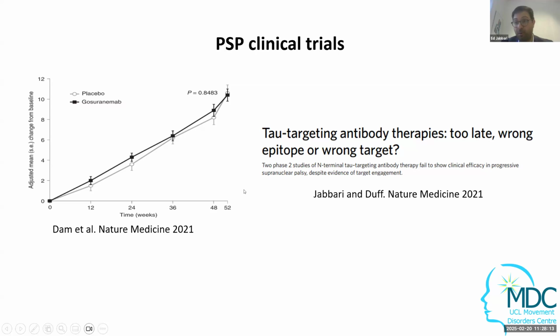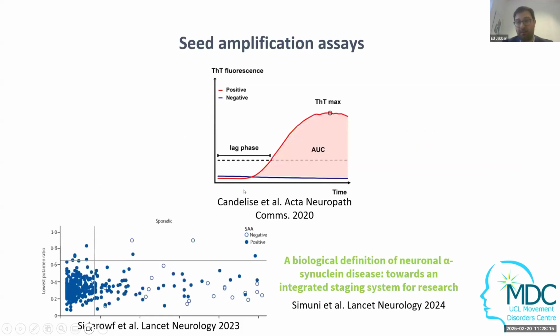So that's the problem, and this is where I think the potential solution lies, the use of these seed amplification assays. So I'm going to briefly give an overview as to how these tests work, and then talk about the progress that we've made in this particular field.